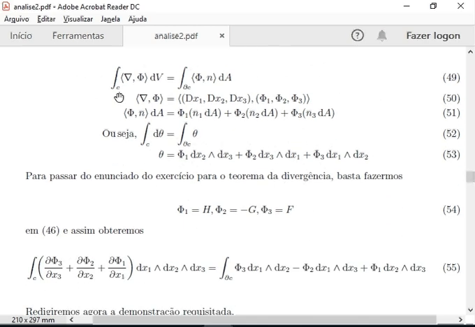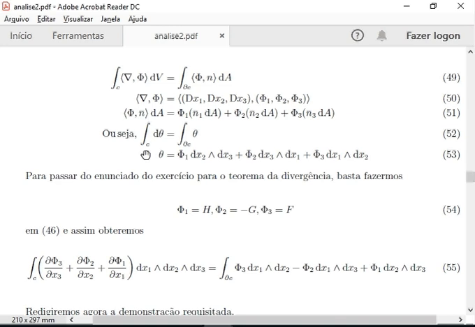Therefore, the integral over C of nabla dot phi dV is the integral over the boundary of C of the inner product of phi and n dA, where nabla dot phi is the sum of the partials of phi1, phi2, phi3, and phi dot n dA is phi1 n1 dA plus phi2 n2 dA plus phi3 n3 dA.